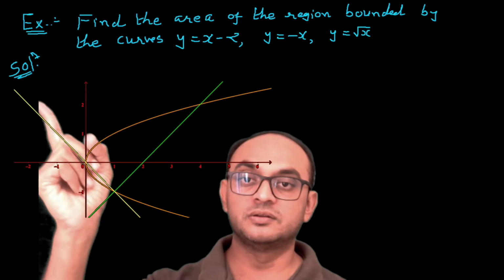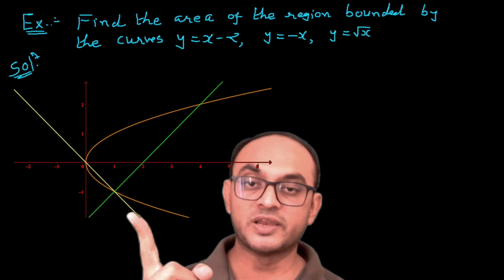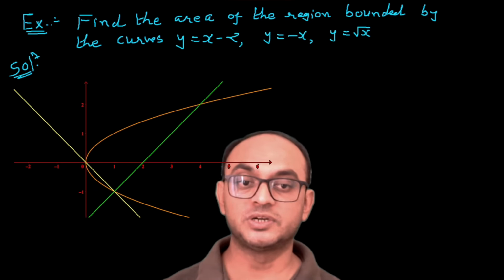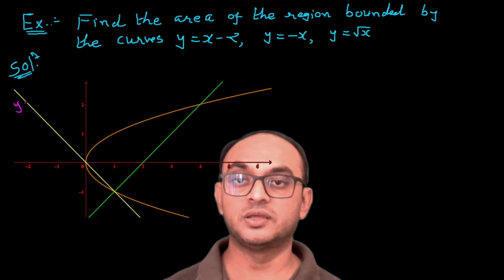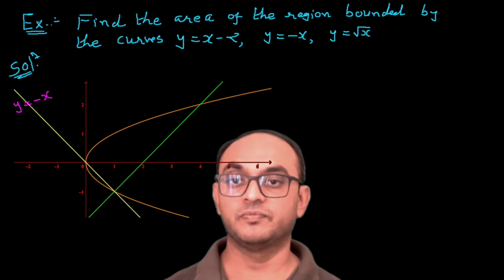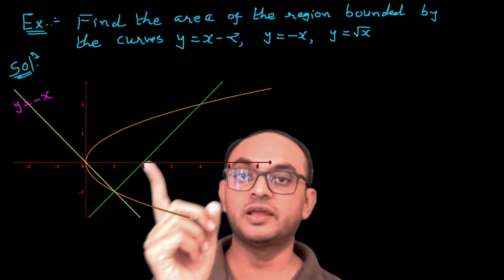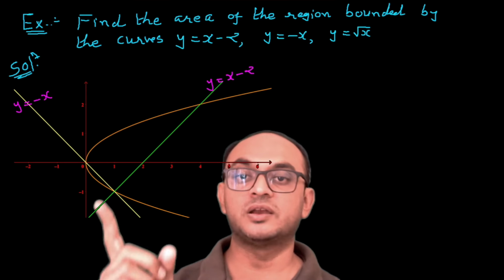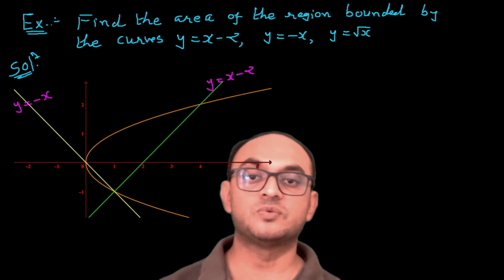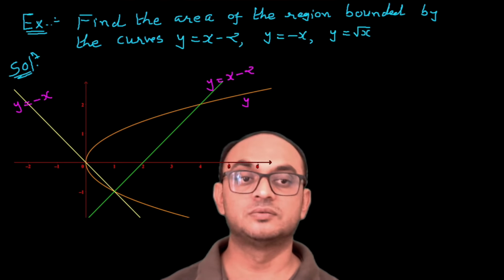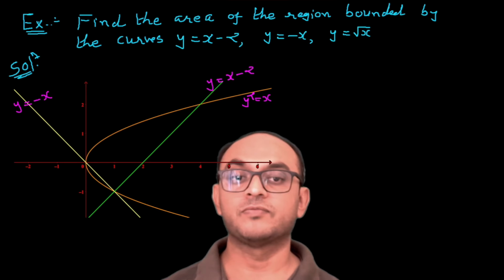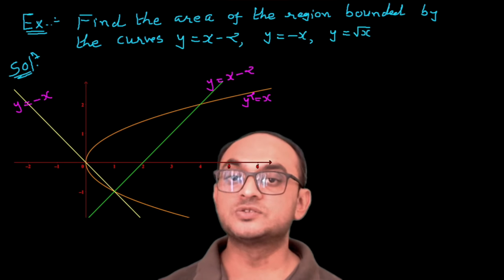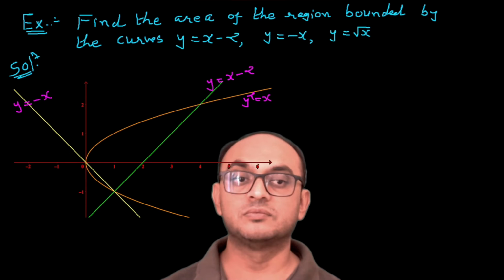So here is the region. This is the line, yellow colored line, y is equal to minus x. Let me mention its equation. The line y is equal to minus x. The green line, y is equal to x minus 2, and this is the parabola, y square is equal to x. Let us note down all the intersection points.